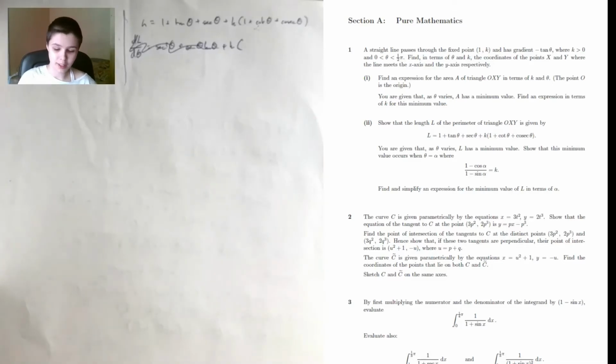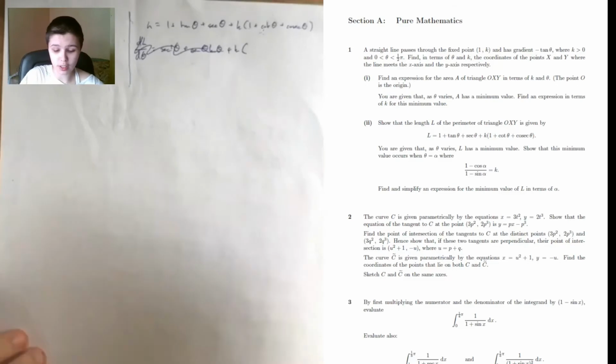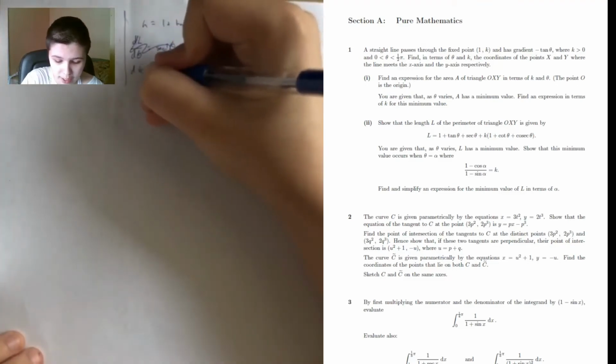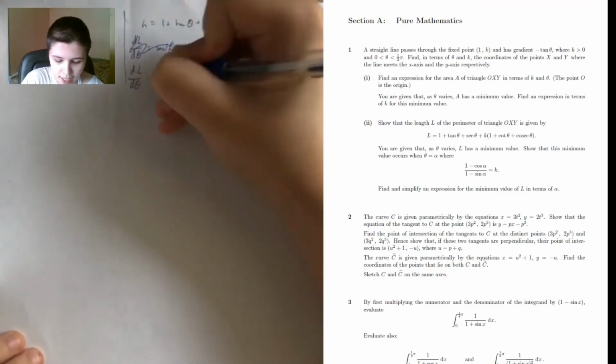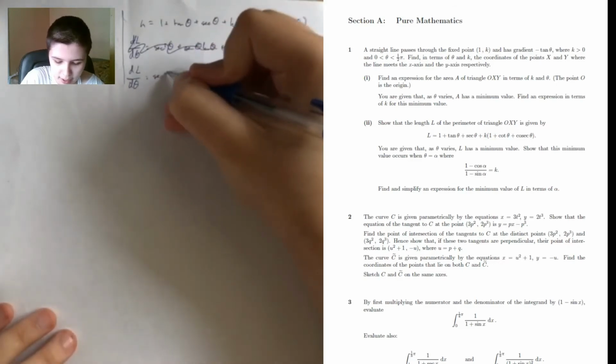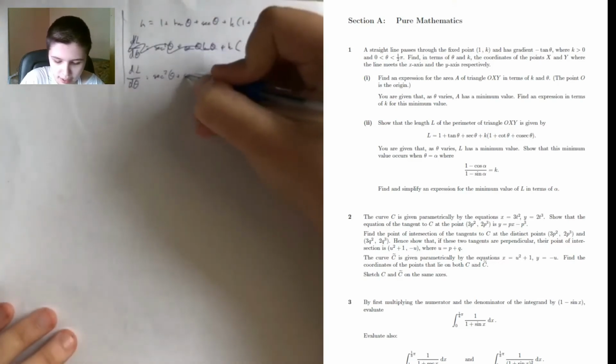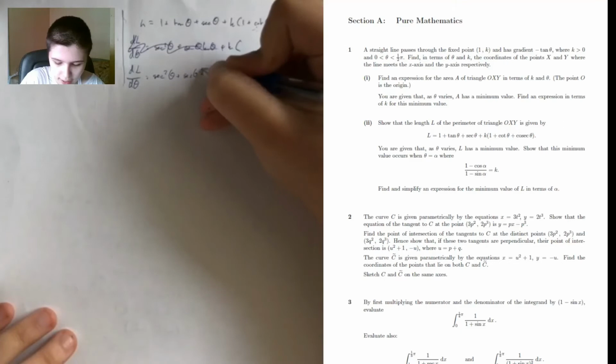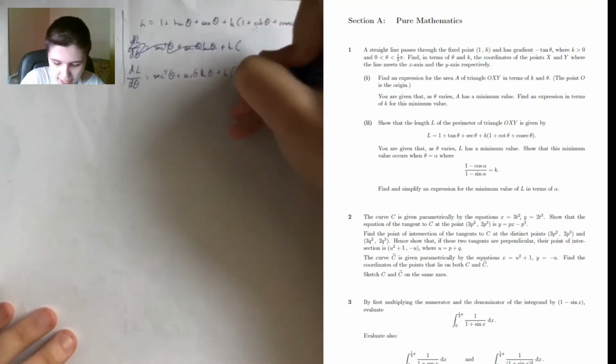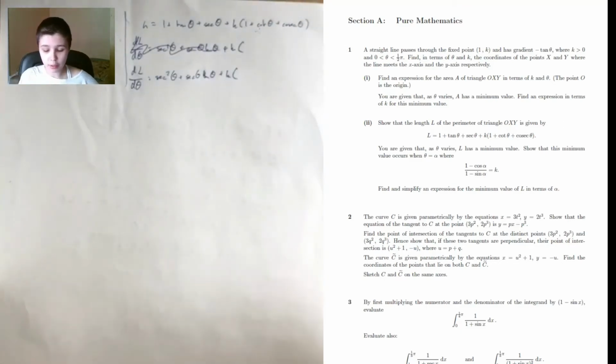Next, we're asked to find a minimum, given that a minimum exists, and just as we did with A before, I'm going to find dL by d theta, and that's going to be equal to sec squared theta plus sec theta tan theta plus k times 0, cot theta differentiates to minus cosec squared theta, and then cosec theta differentiates to minus cosec theta cot theta.